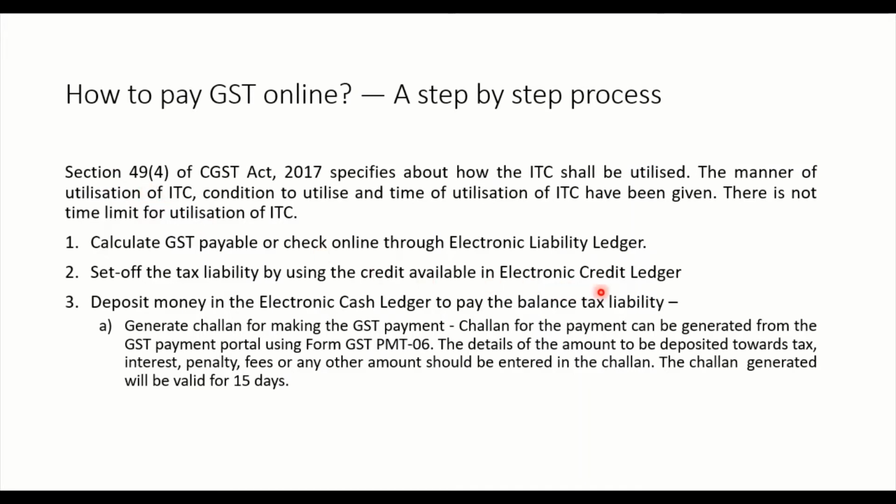Whatever liability you have, you pay through the credit ledger. Then deposit money in the electronic cash ledger to pay the balance tax liability. You have something here, X, you pay through your credit, Y, and if something remains, you pay through cash, Z. This is what you should know.